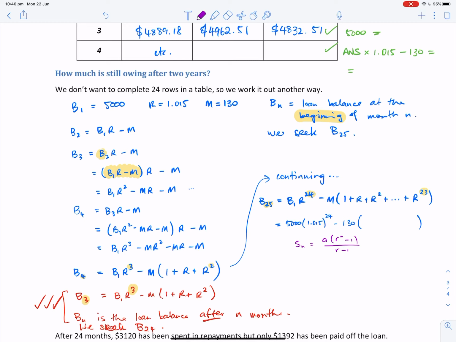Our A equals 1, R equals 1.015, and N is 24. Okay, there are 24 terms there because that goes from R to the 0 up to R to the 23. That's 24 terms. Right, so I'm just going to calculate this.